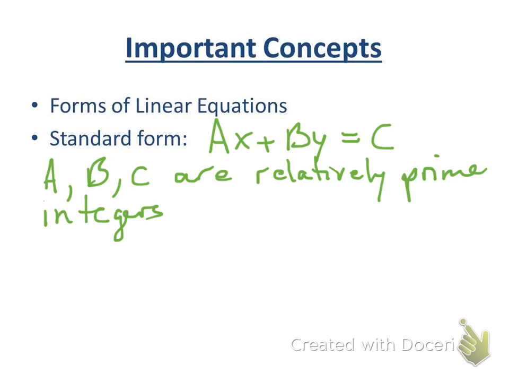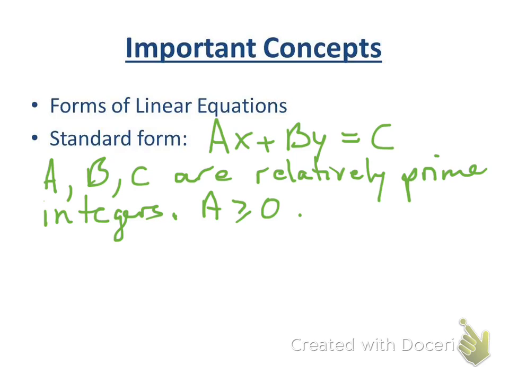And A cannot be negative. And A and B can't both be 0, right? If we don't have an X or Y, then we don't have a linear equation. So that's standard form. A, B, and C have to be relatively prime integers where A is positive. AX plus BY equals C is standard form.